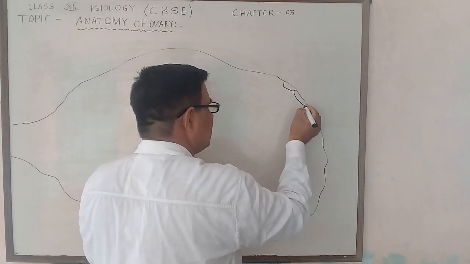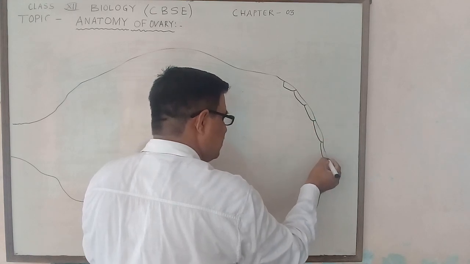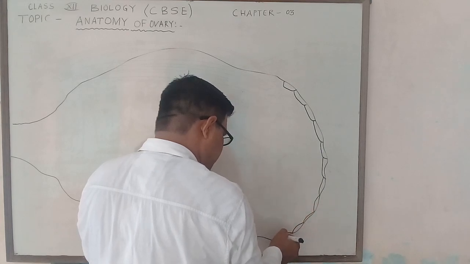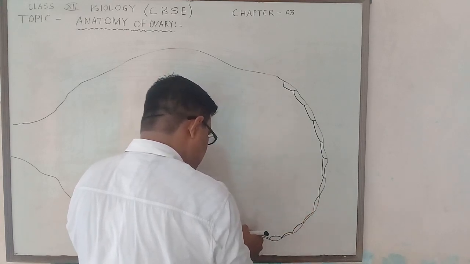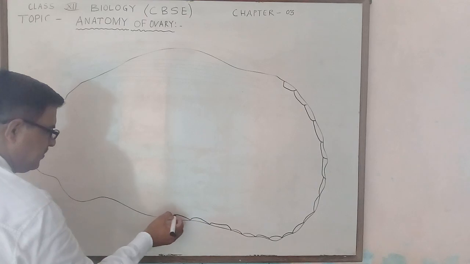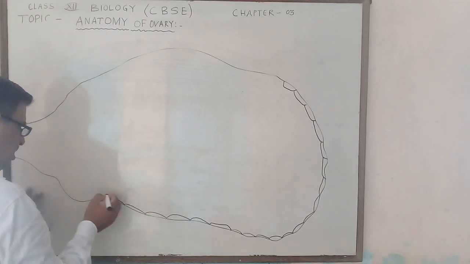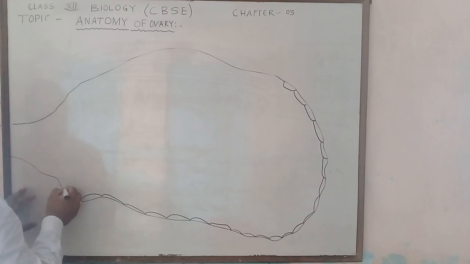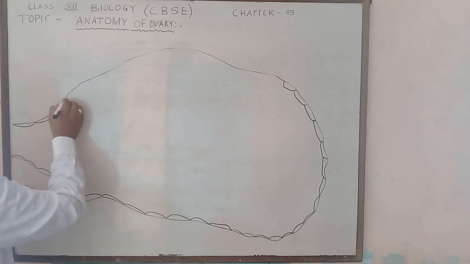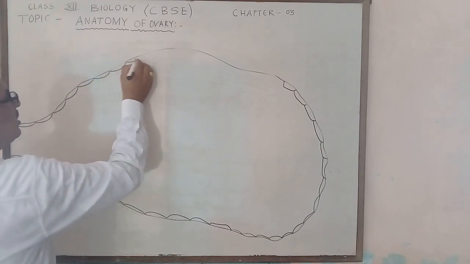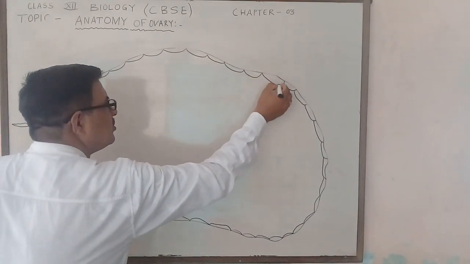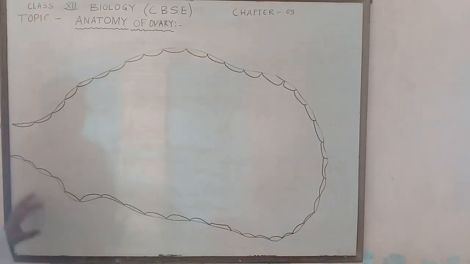The germinal epithelium is made of squamous epithelium, which means each cell is lens-shaped. Each cell is a lens-shaped structure, and these cells later on form the germinal epithelium.